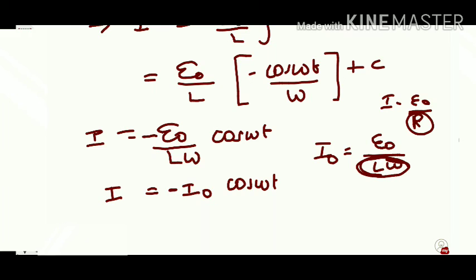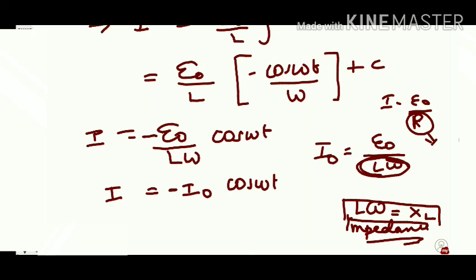For an inductor, the small resistance offered by the inductor is known as impedance, right? Impedance of an inductor circuit is equal to L omega, and the representation is XL, right? XL is equal to L omega.